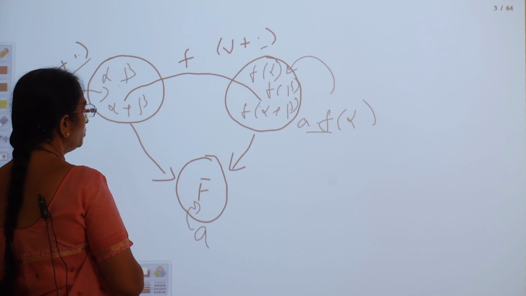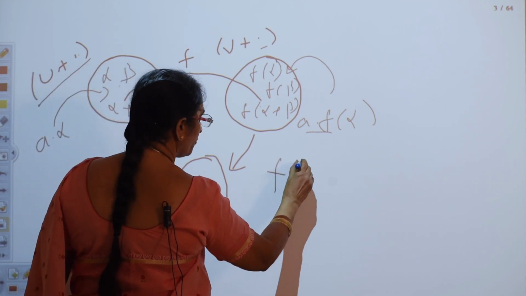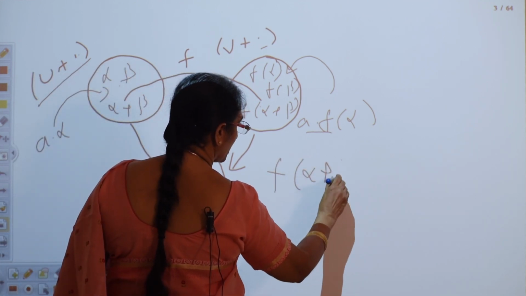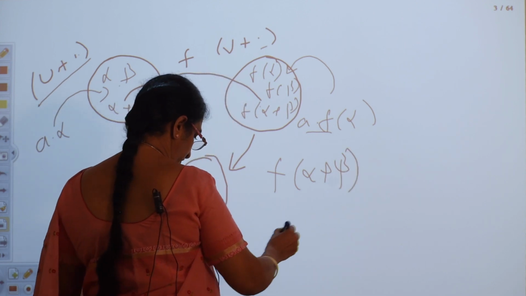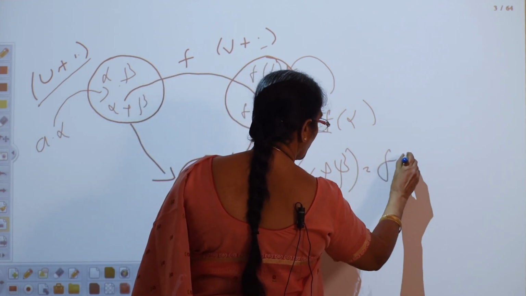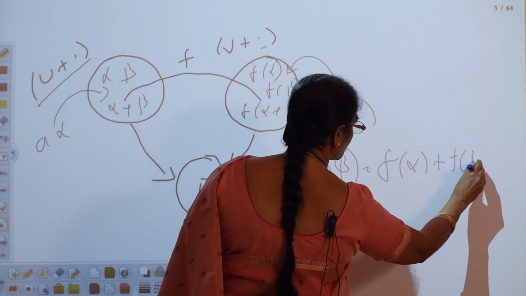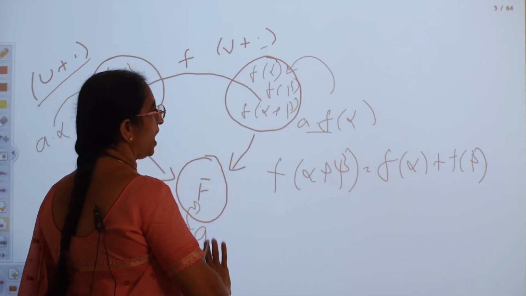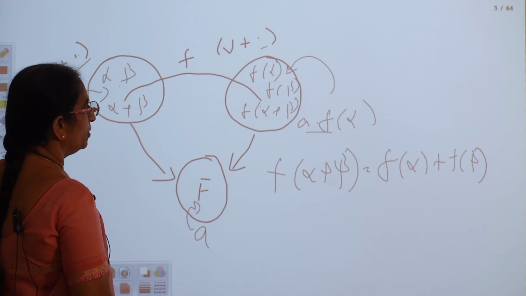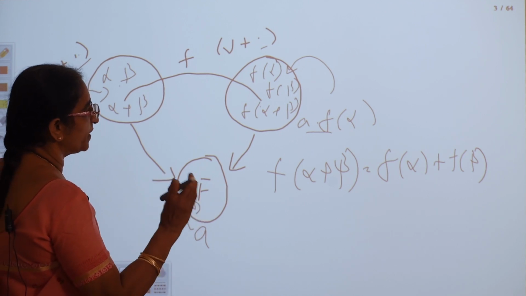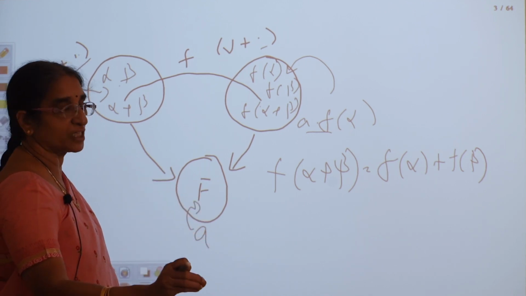Okay. Now, if you consider f of alpha plus beta, this will be equal to f of alpha plus f of beta. If it happens, this is the first property of the vector space homomorphism.